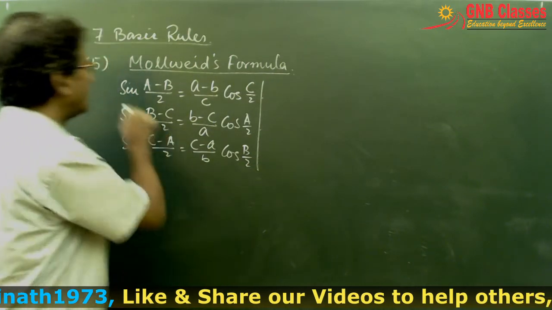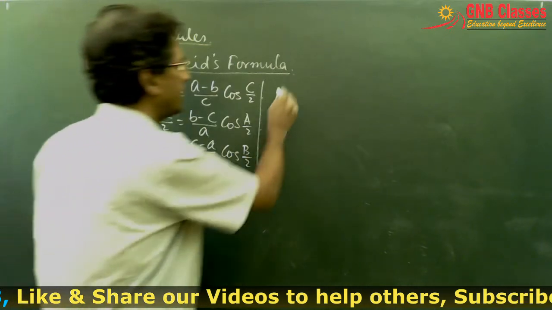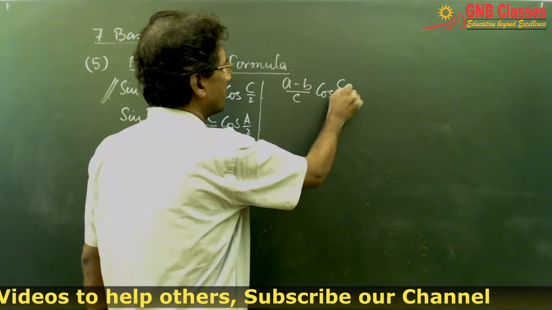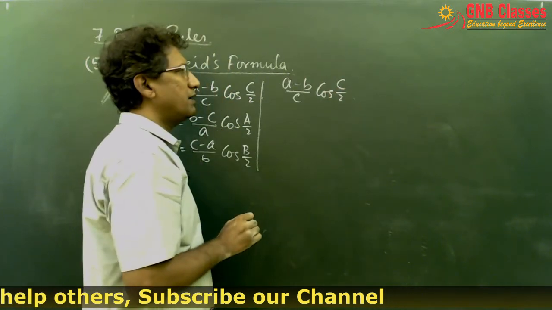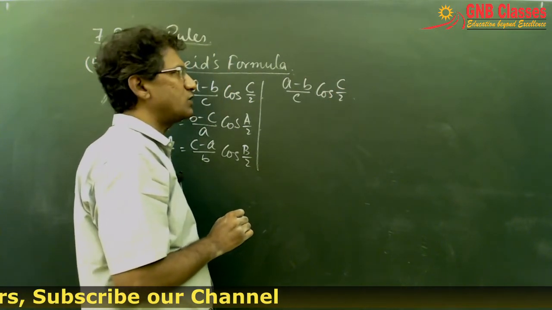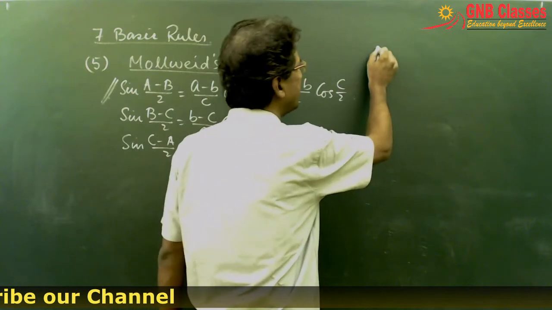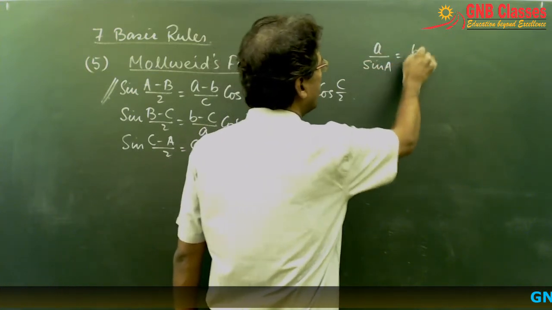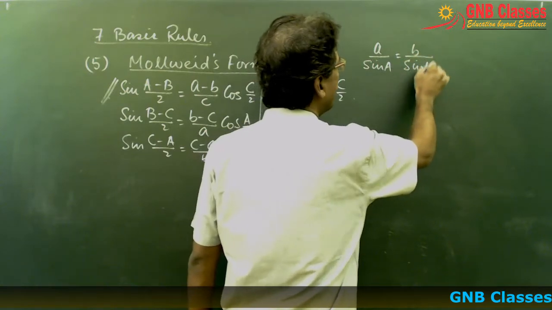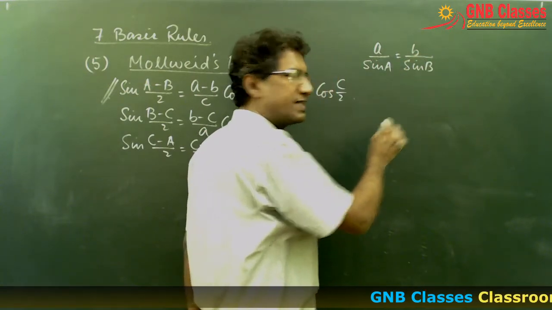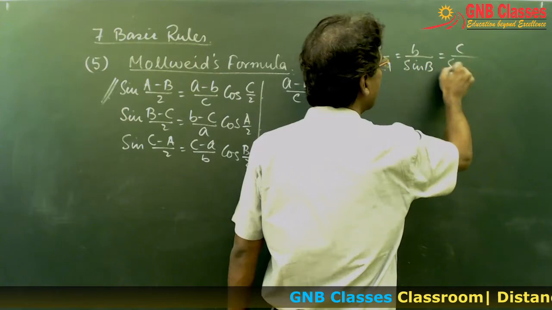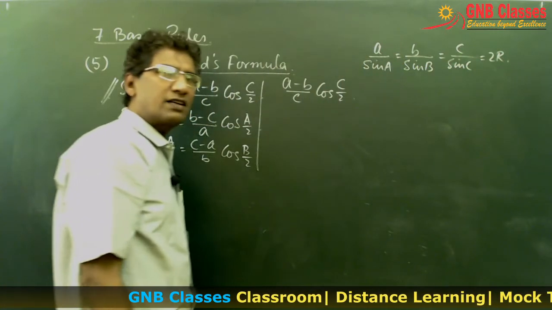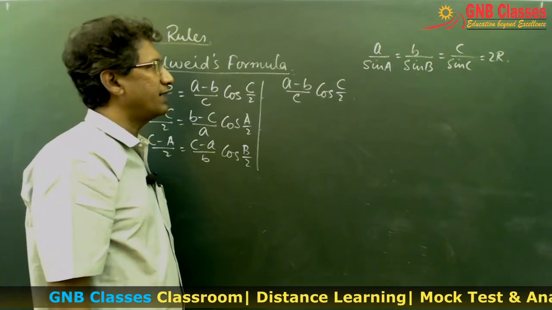Let me just prove the first one. I'm starting from the right hand side: ((a−b)/c) cos(C/2). Now, we know from the sine rule that a/sin A = b/sin B = c/sin C = 2R, where R is the circumradius of the triangle ABC.